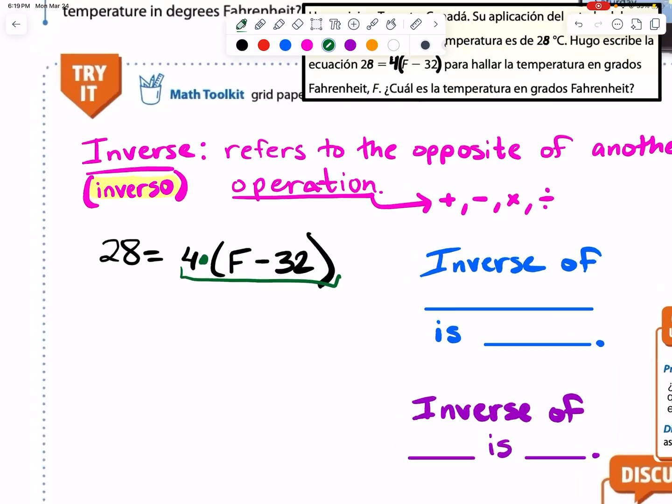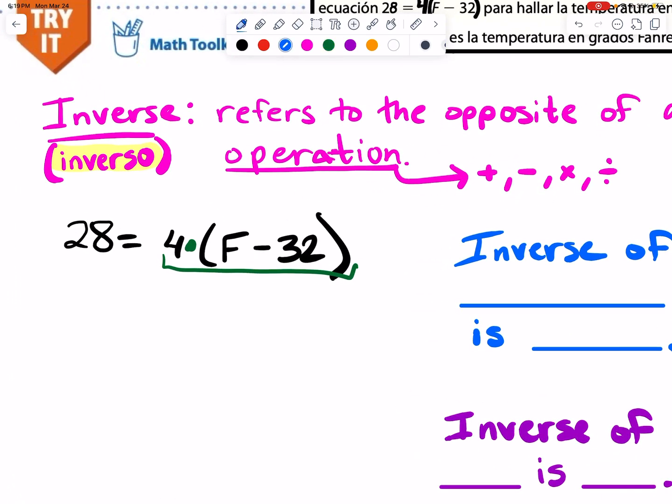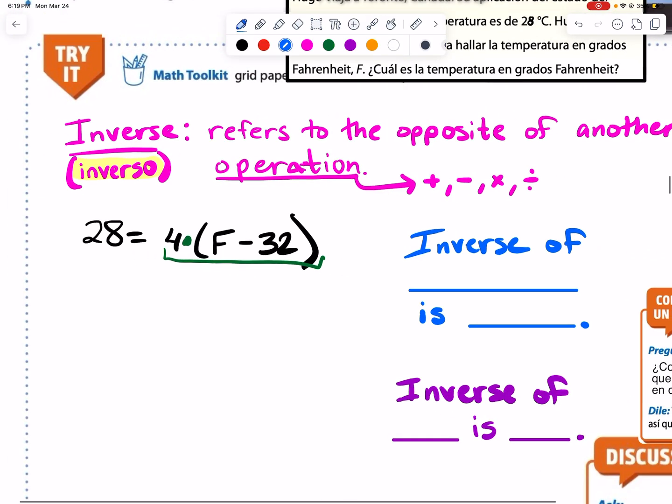We need to get rid of that 4. So we need to find the inverse of that. The inverse of multiplying by 4 is the opposite, which is dividing by 4.